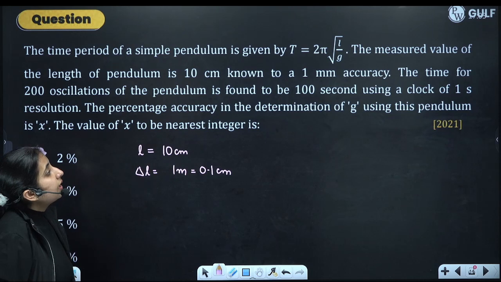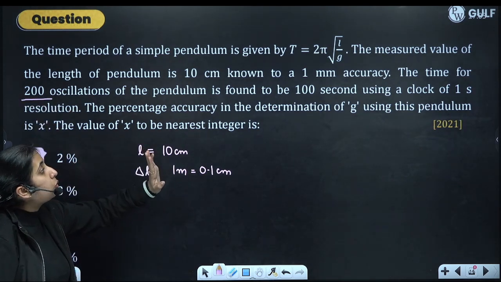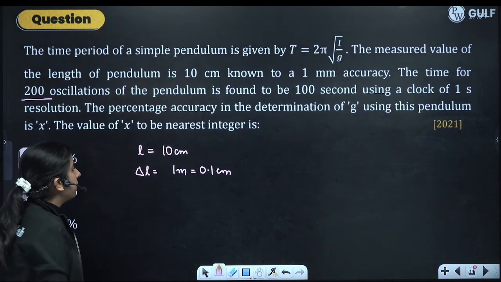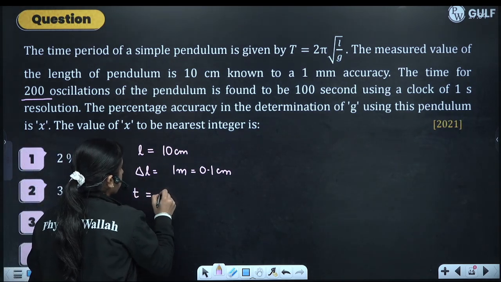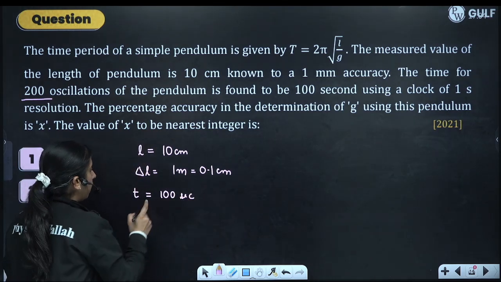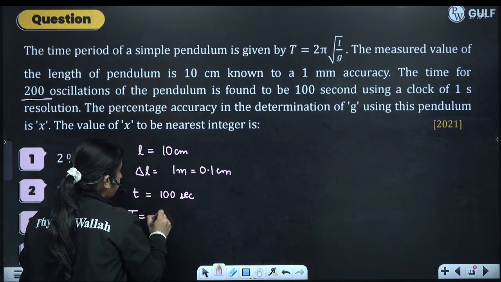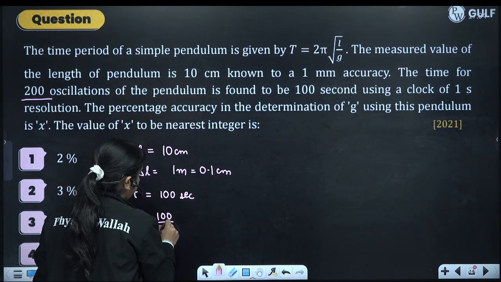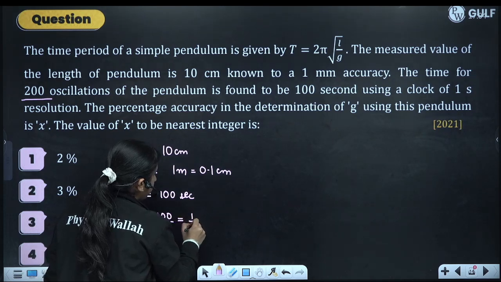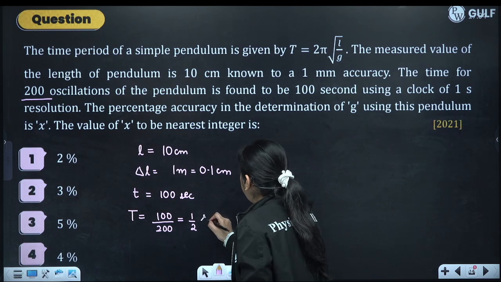The time for 200 oscillations of the pendulum is found to be 100 seconds. So time is 100 seconds and the number of oscillations is 200. So time period will be 100 divided by 200, which is 1 by 2 second.